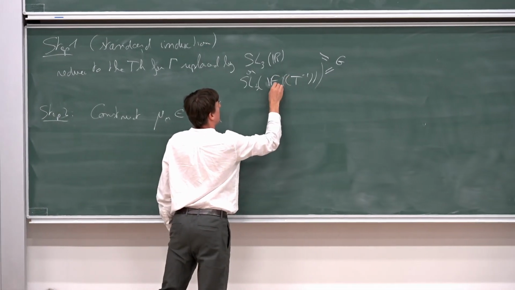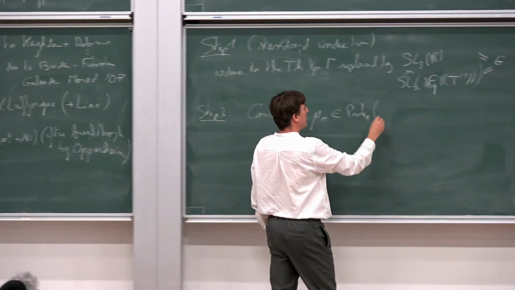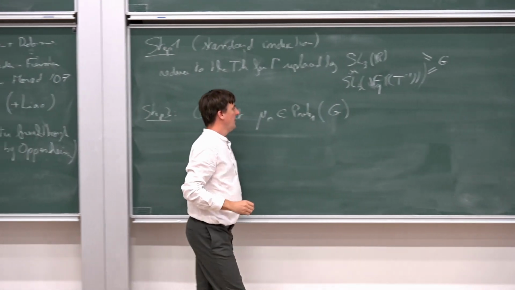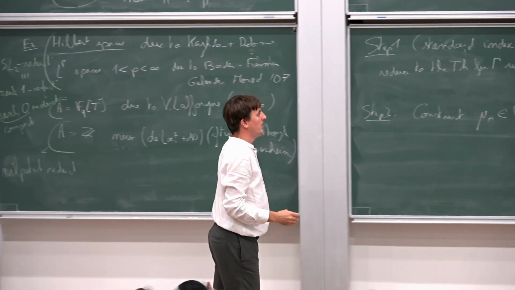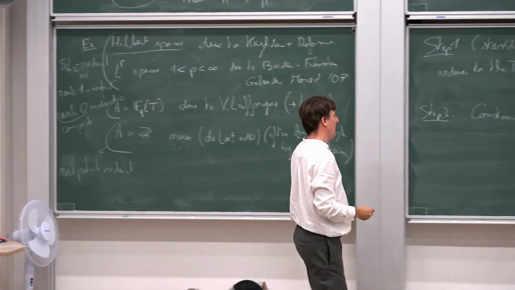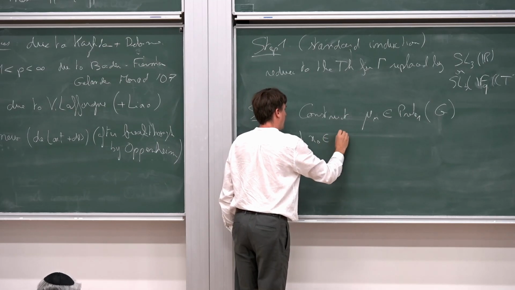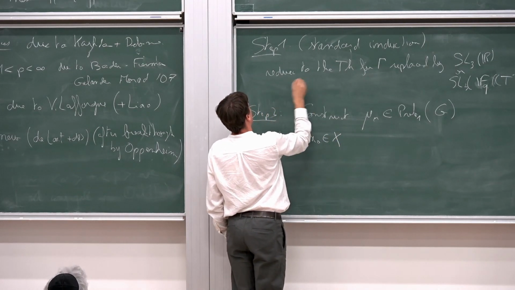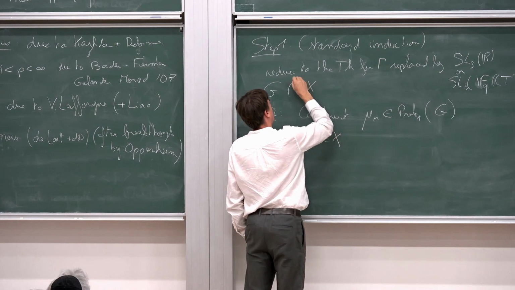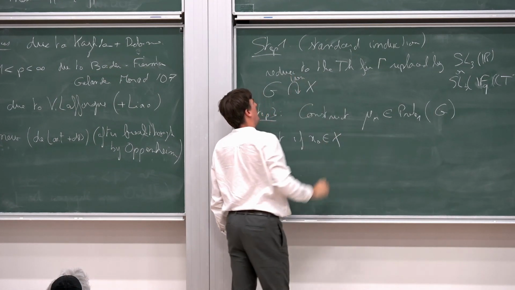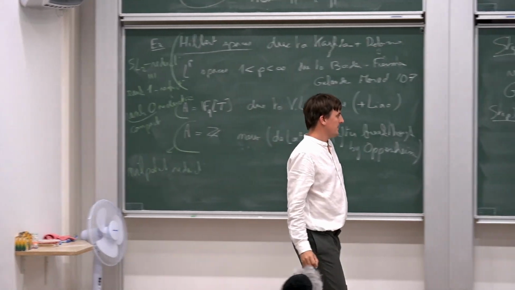I wrote P, but I meant Q. I consider probability measures on G, with finite first moment, such that if we take x0 in X, where the group G acts by isometries on X, which is a uniformly convex Banach space.